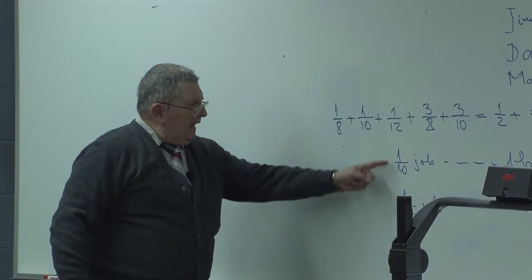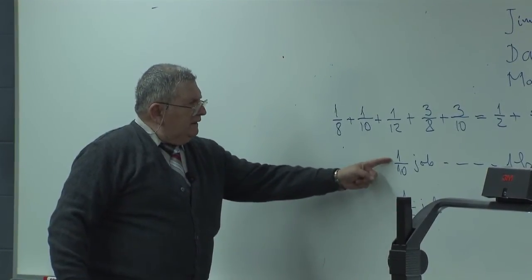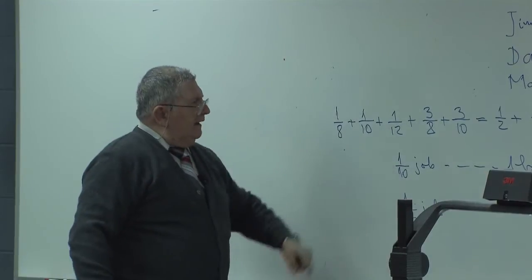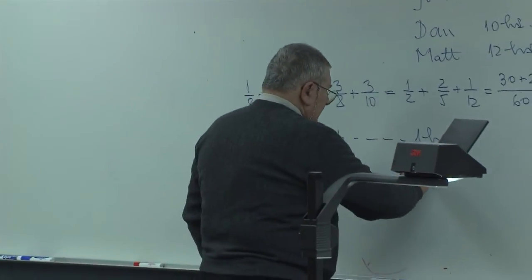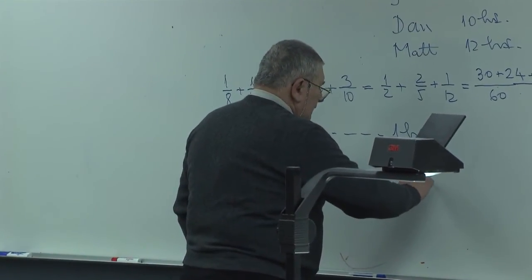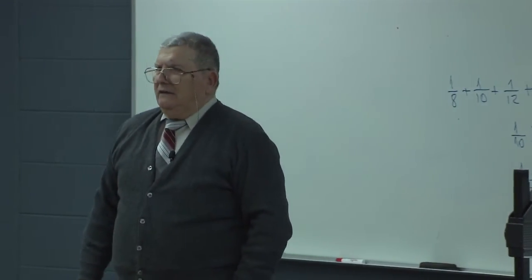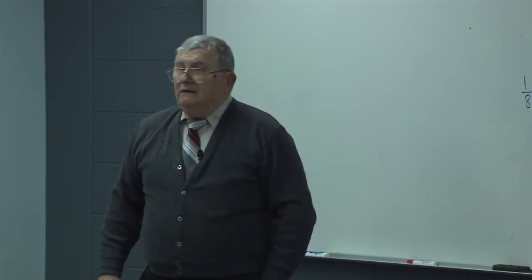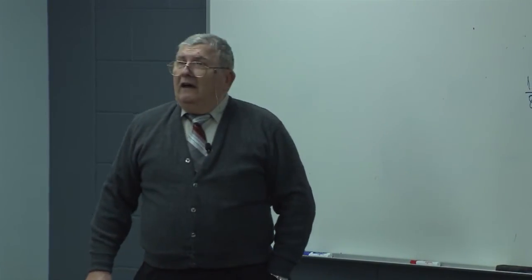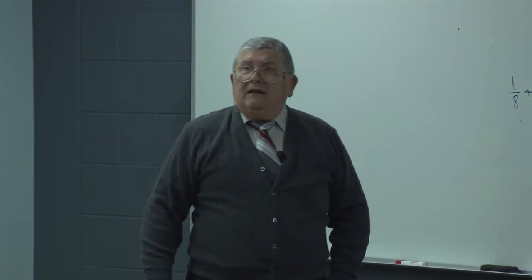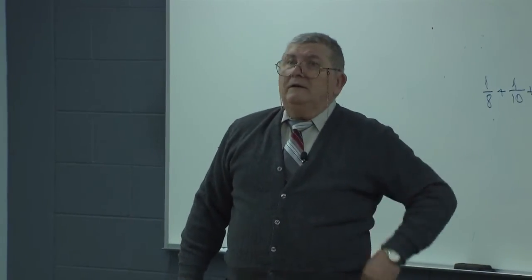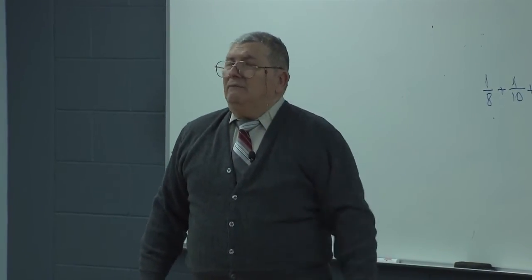Do you see? Because this is this one divided by 6. 1 over 6 hours is 10 minutes. So Dan has to work only 10 minutes to complete the job alone.